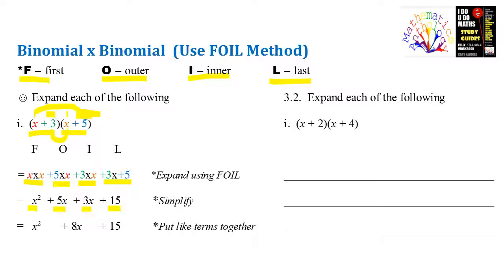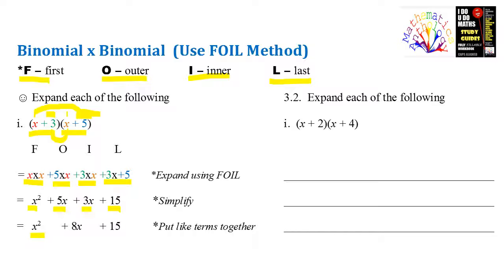You just need to check all your signs, like the rules for integers that we went over when we did integers. So now we need to put all our like terms together. We've done this previously. So our first term is x squared. There are no other x squared terms here, so that will remain as x squared. My second term is 5x.